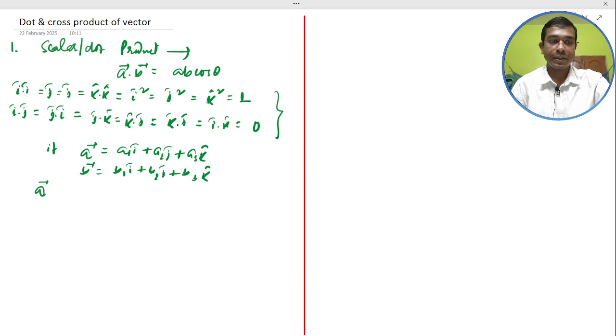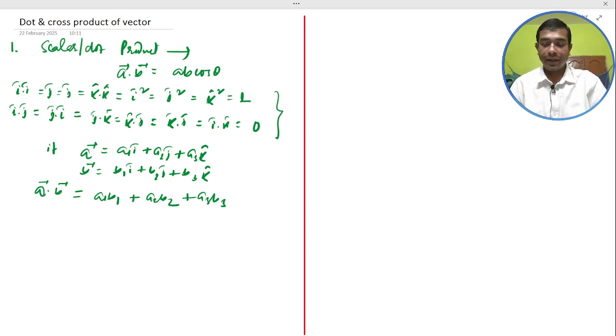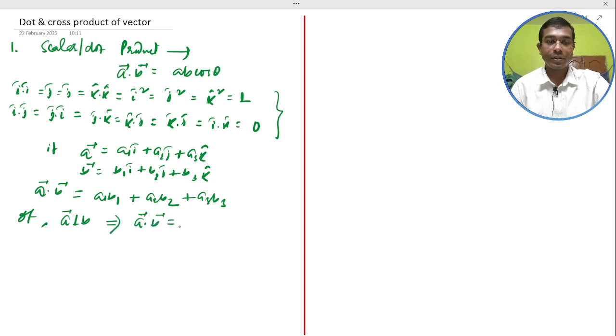That means A dot B is equal to A1 B1 plus A2 B2 plus A3 B3. If A and B are mutually perpendicular, that means A dot B is equal to 0.